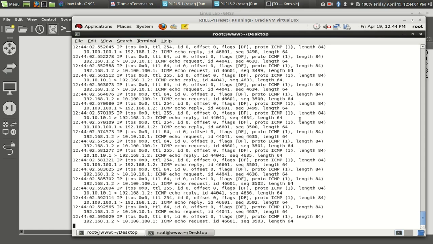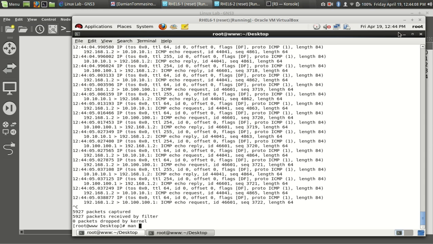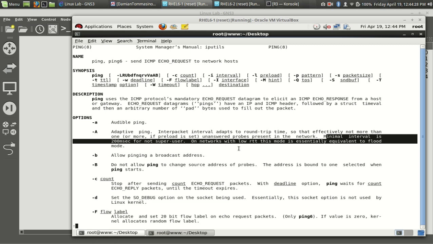This is the actual -A option in Linux. If you go to the man page, this is adaptive ping. Inter-packet interval adapts to round trip time, so that effectively not more than one or more preload is set. What does it mean? Unanswered probes present in the network. Minimum interval is this much.